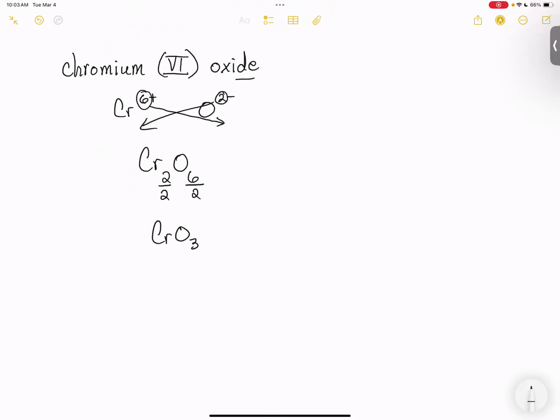Let's look at another example. Let's look at beryllium perchlorate.